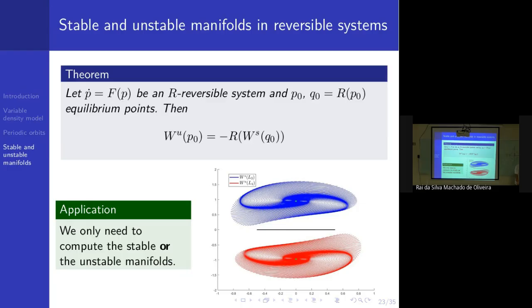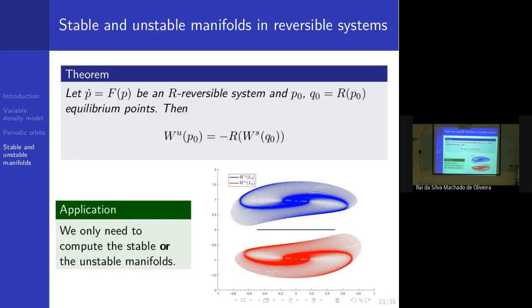Also, we have a reversible system, so there is some kind of symmetry that makes our job of computing this manifold easier. Because if we have a reversible system and we have two equilibrium points, one of them is the symmetric of the other, then the unstable manifold of one equilibrium point is minus the symmetric of the stable manifold of the other equilibrium point.